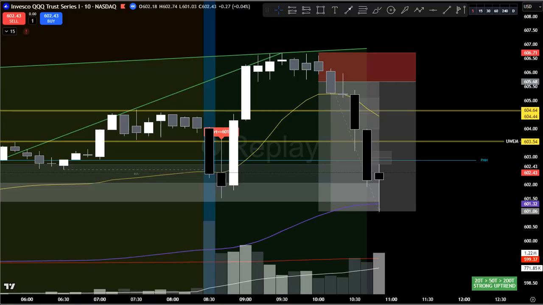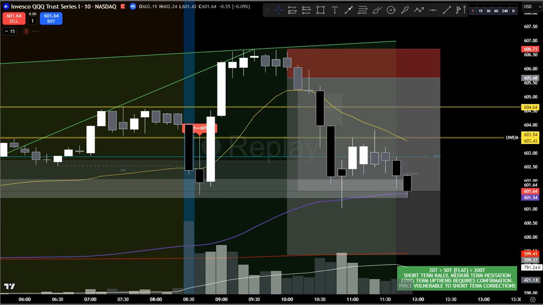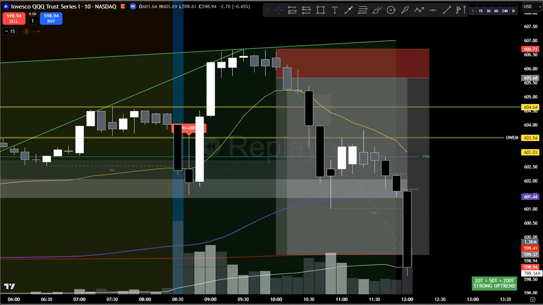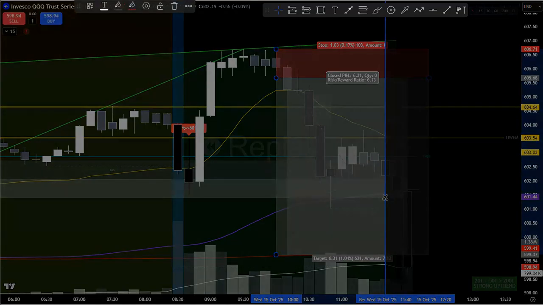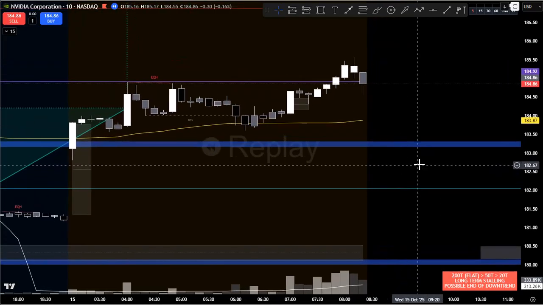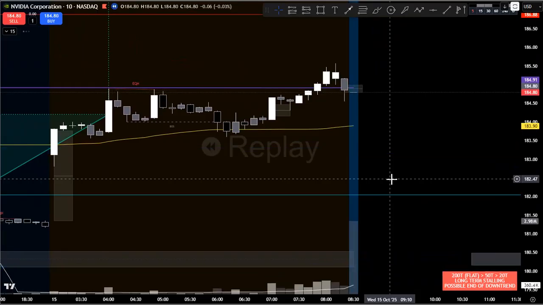What I want to show you, NVIDIA, have market open.